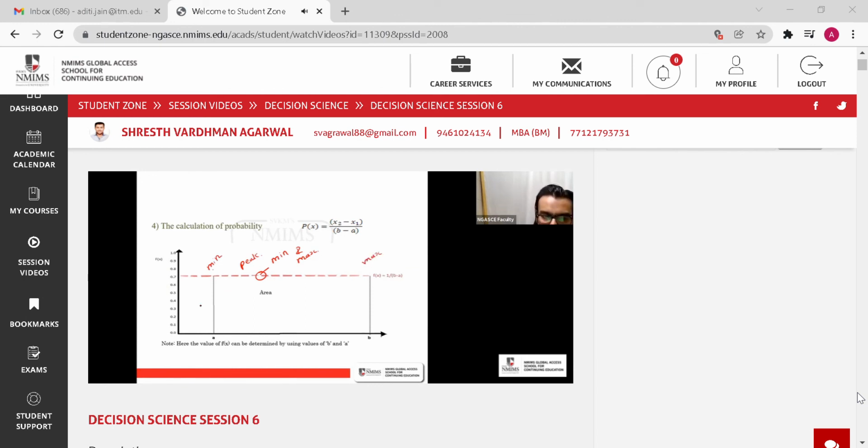Minimum possibility is based on the minimum observation. Maximum probability is based on the maximum observation. Now this looks like a square or rectangular area. This is also called rectangular distribution.